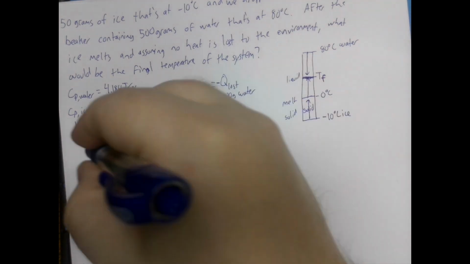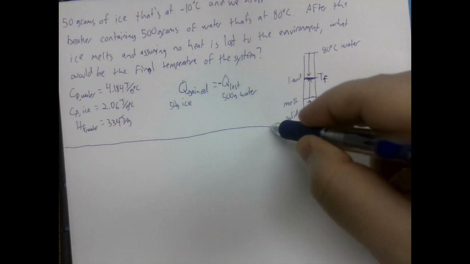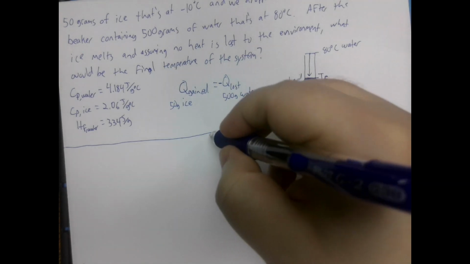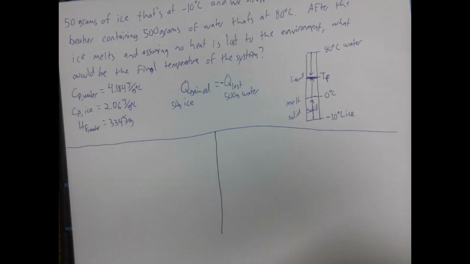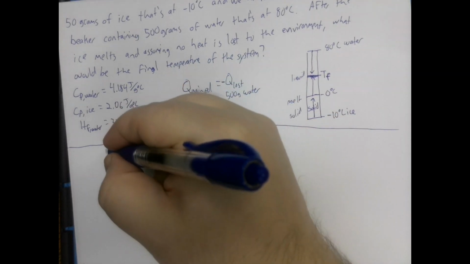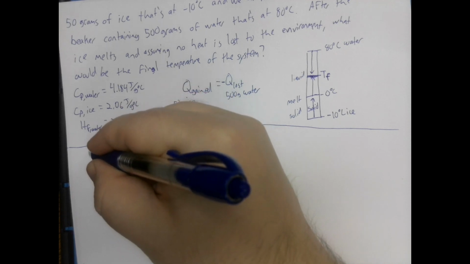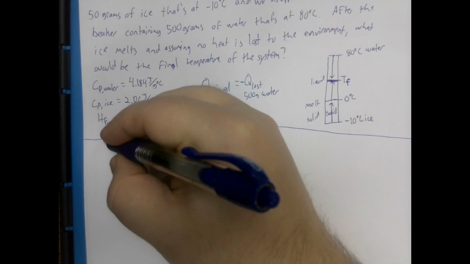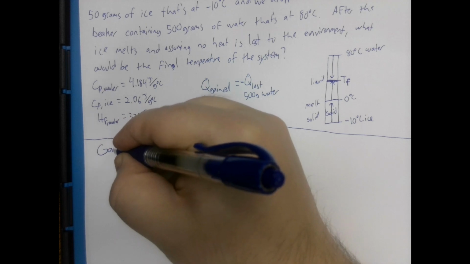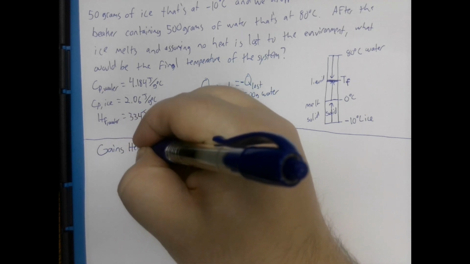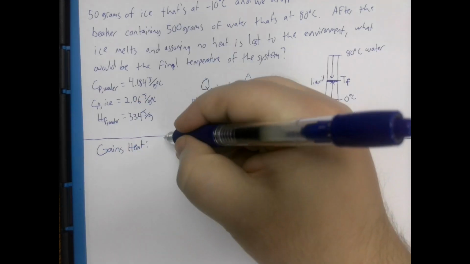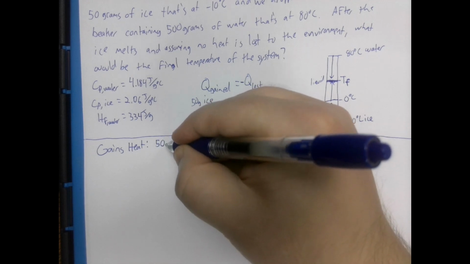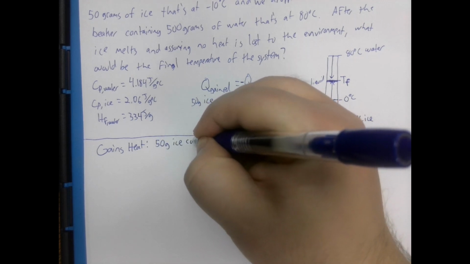So let's analyze. Let's look at the heat gained side. The heat gained is going to be the 50-gram ice cube.